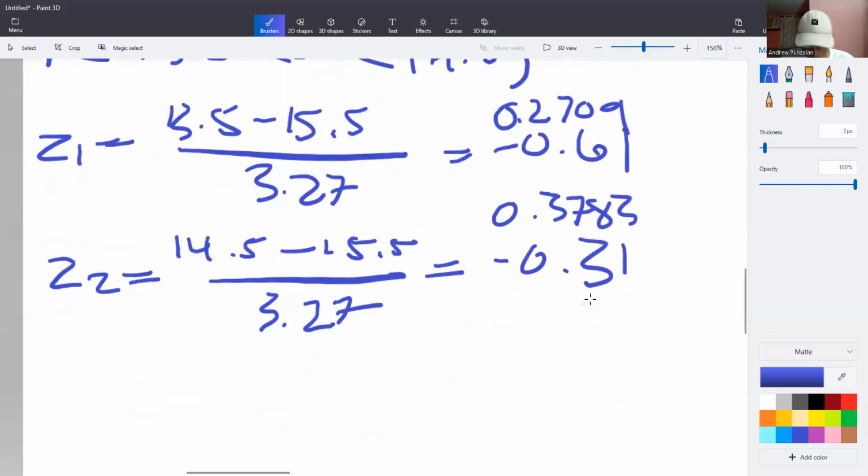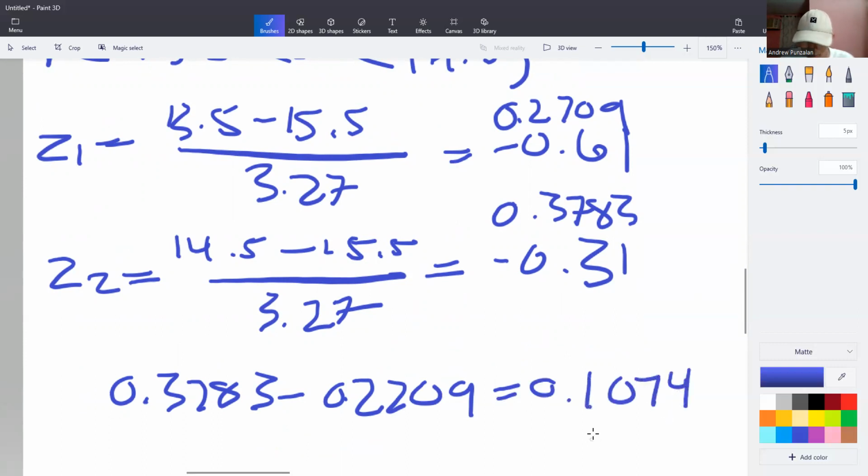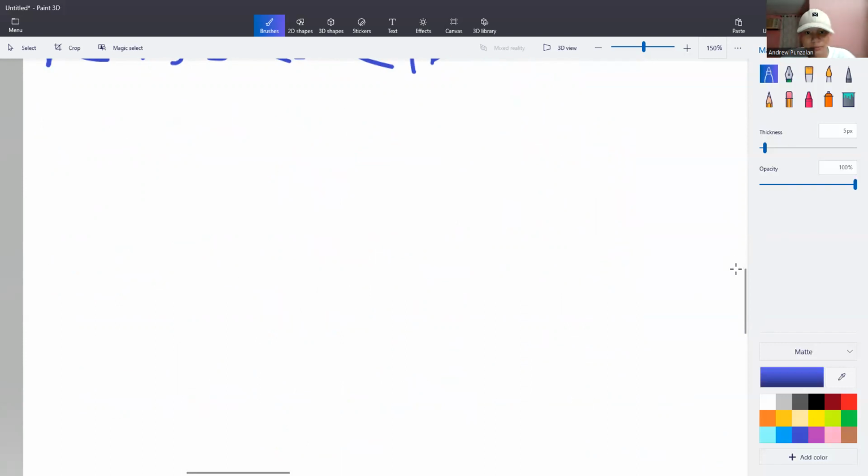So the area between the two z values is 0.3783 minus 0.2709, which is equal to 0.1074, or 10.74%. Now that's the answer for A. Next, letter B.